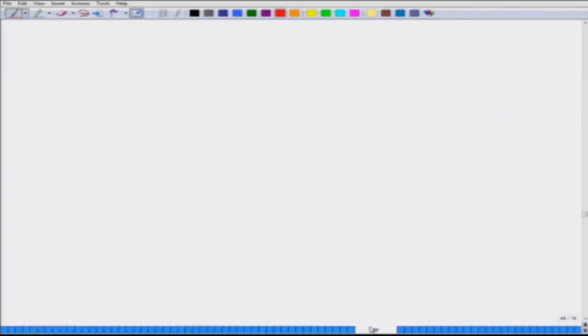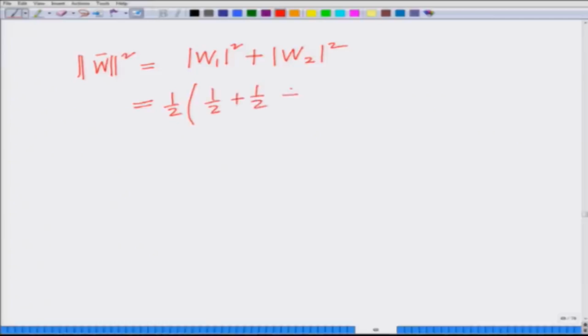Further, if you look at norm of w bar square, it equals magnitude w1 square plus magnitude w2 square, which is equal to half plus half plus half plus half times half, that is half times 2, which is equal to 1.